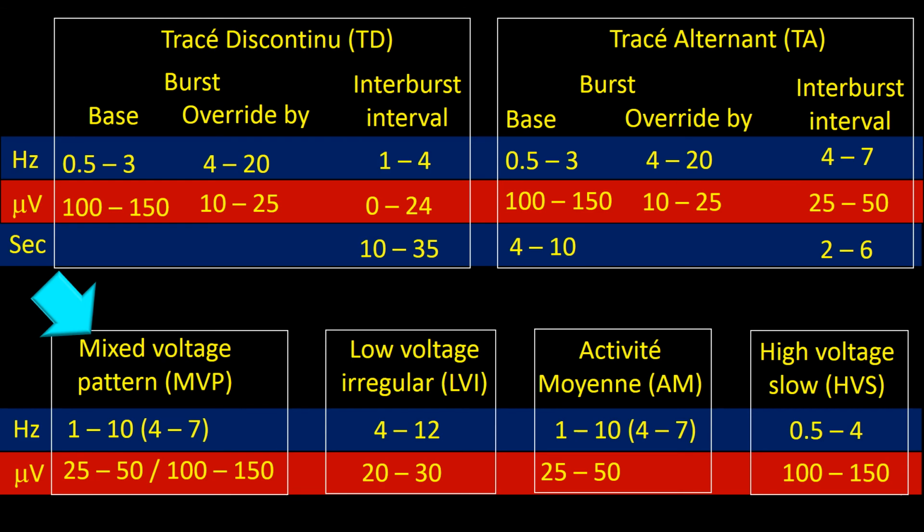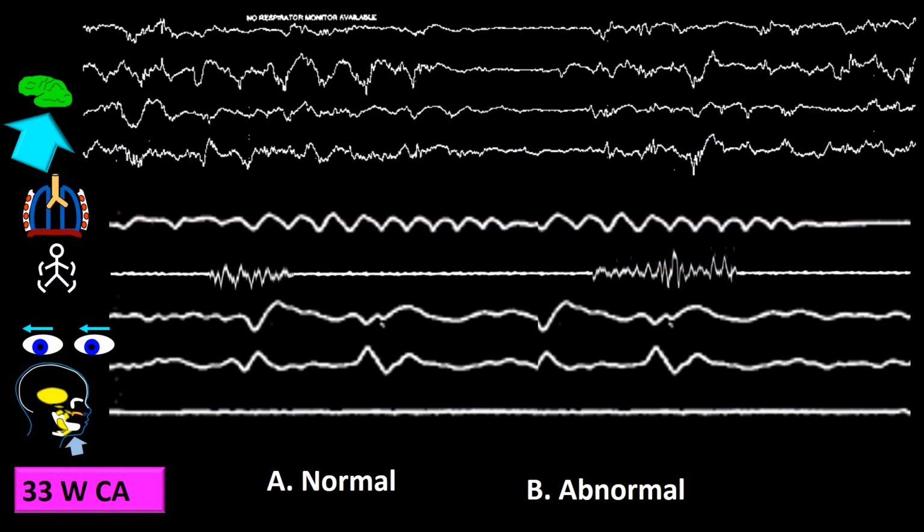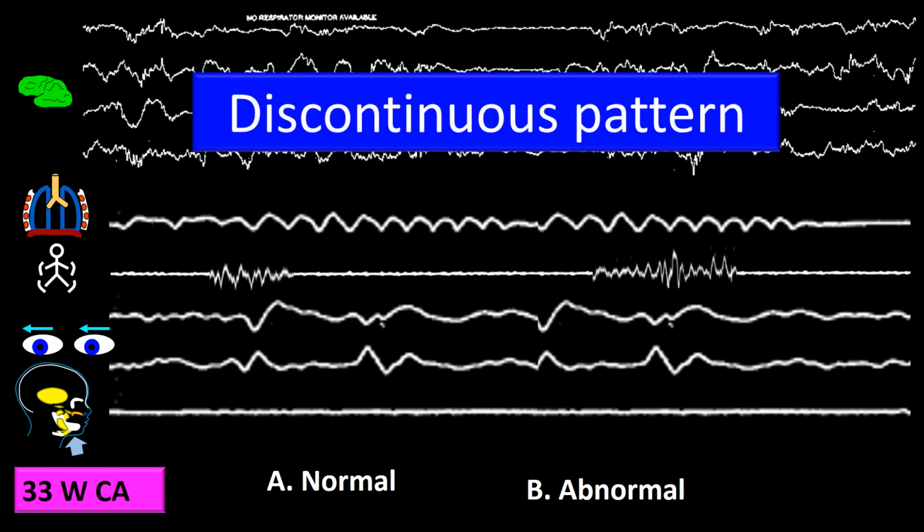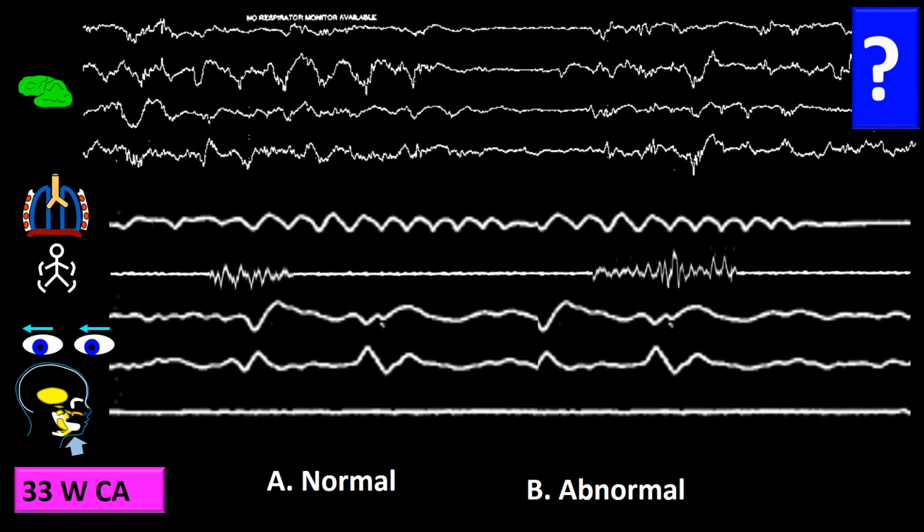Mixed voltage pattern is a continuous pattern. The EEG pattern represented in this epoch is discontinuous. So the answer to this question is B.